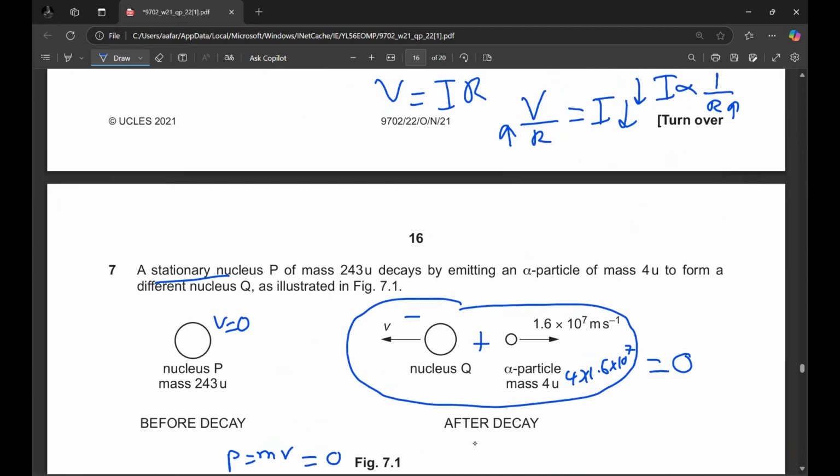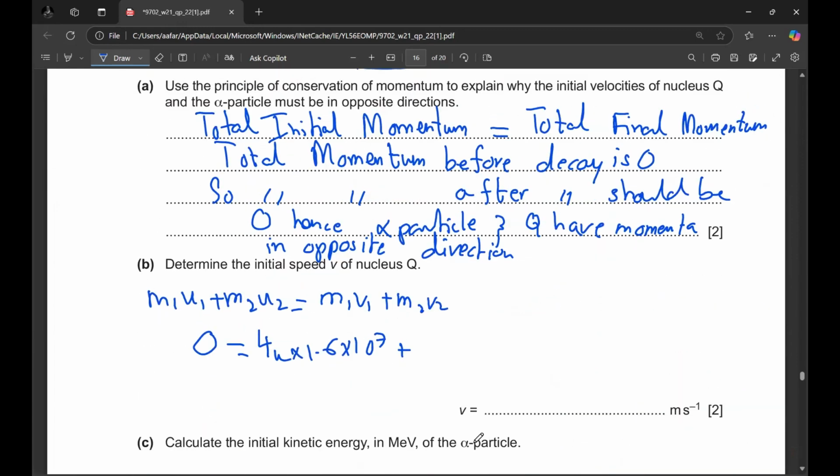Since the stationary nucleus had a mass of 243 atomic mass units and it emits an alpha particle, the new nucleus Q formed will have a mass of 243 minus 4, which is 239, times v.